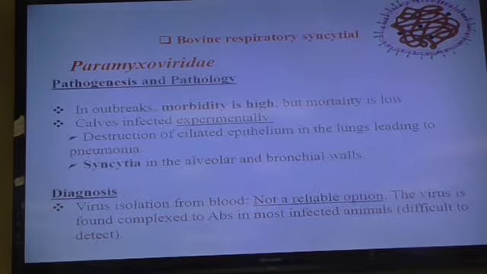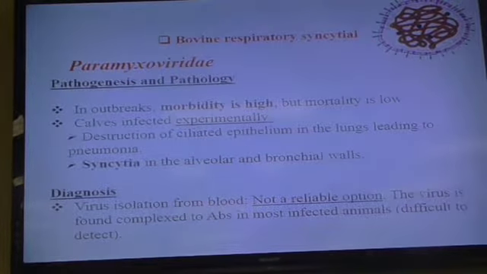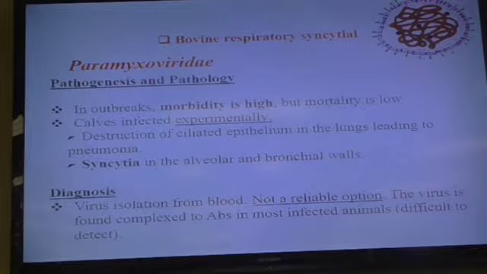Hence the virus causes the syncytium, and subsequently, if the bacteria comes, it causes the severe outcome of this disease. Morbidity is high, and you can see the syncytium experimentally. If you infect the calves with the virus and then kill the calf and take tissue from the lung, you can see the fused cells in the lung.